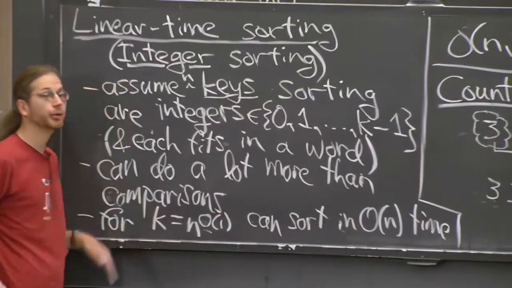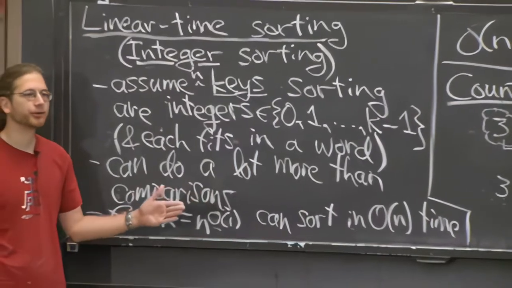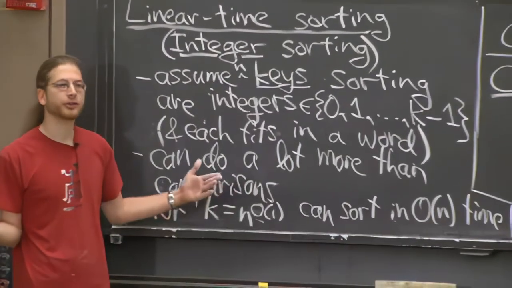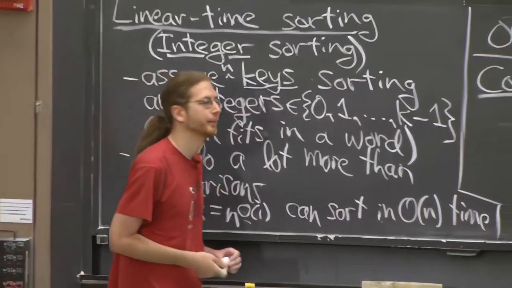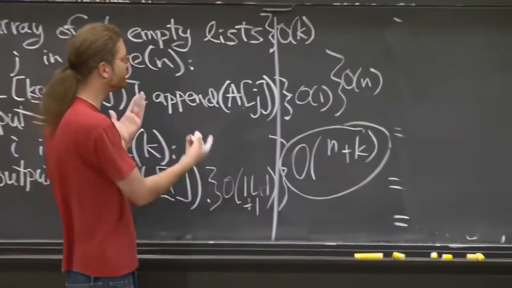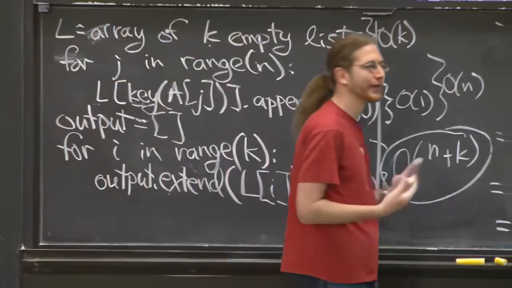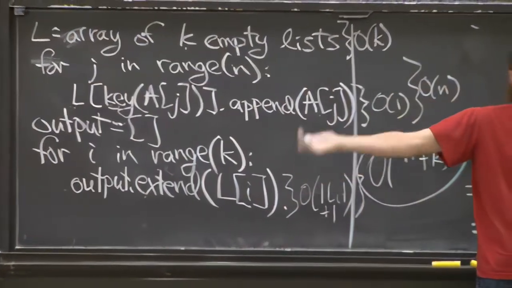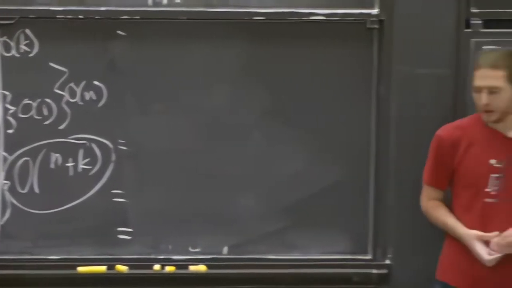K can be polynomial in n. So like if all your integers are between 0 and n to the 100, you can sort them in linear time. That's a lot bigger. It's not just like 10n. I mean, you could do 10n here as well with counting sort. And it's not just like n log n, but they can go all the way up to n to the 100. Still be linear time. So that's what we're going to achieve.